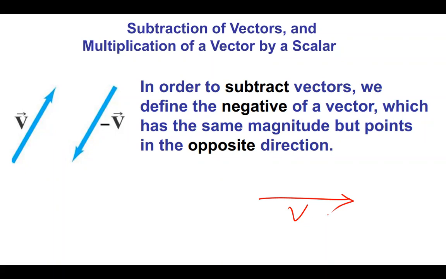If we have V as a positive vector there, any negative vector will point in this opposite direction. That's what we mean by having a negative vector. If you have vector A and we say find 2A, then 2A will simply be 2 times this vector.